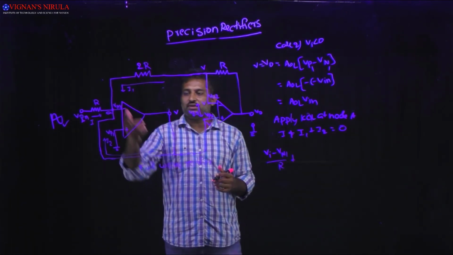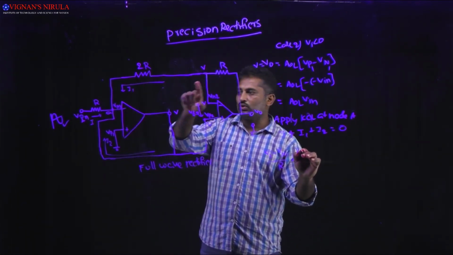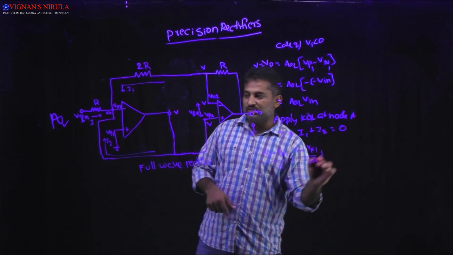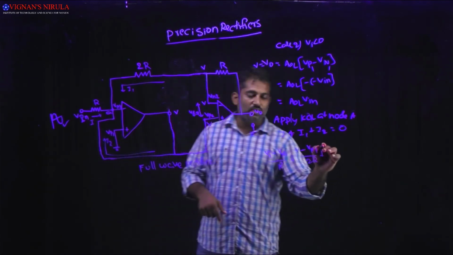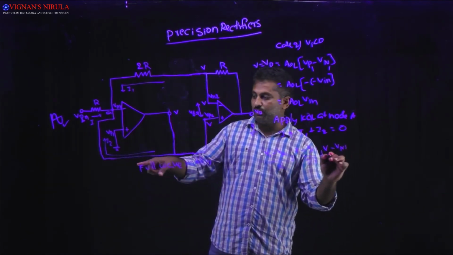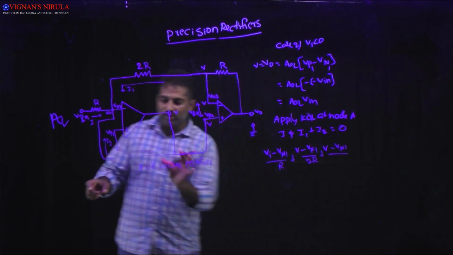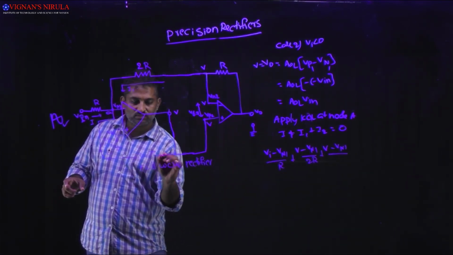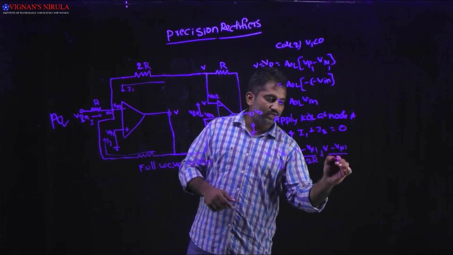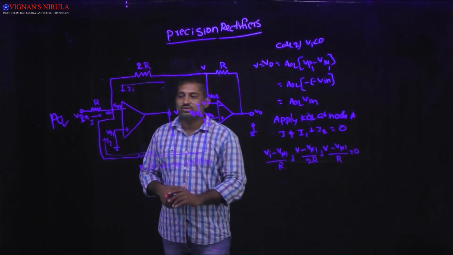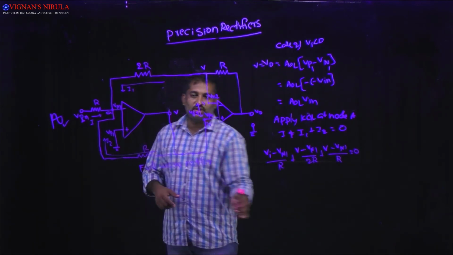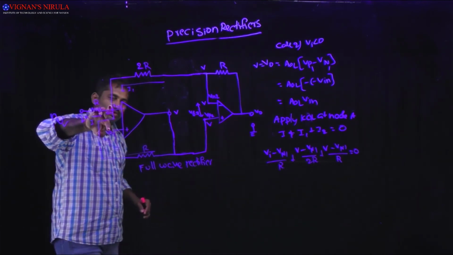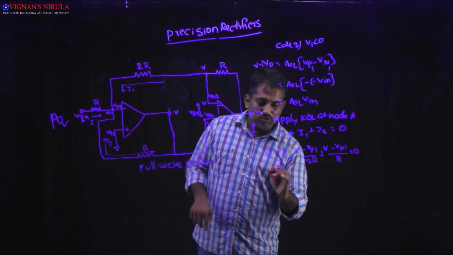Again, I1 is equal to V minus Vn1 divided by 2R, and I2 is equal to V minus Vn1 divided by R, since here we have a resistance R. Now if Vp1 is equal to 0, according to the virtual ground concept Vn1 is also equal to 0.